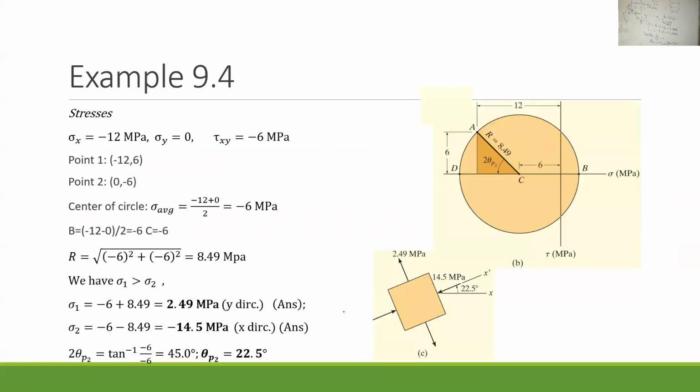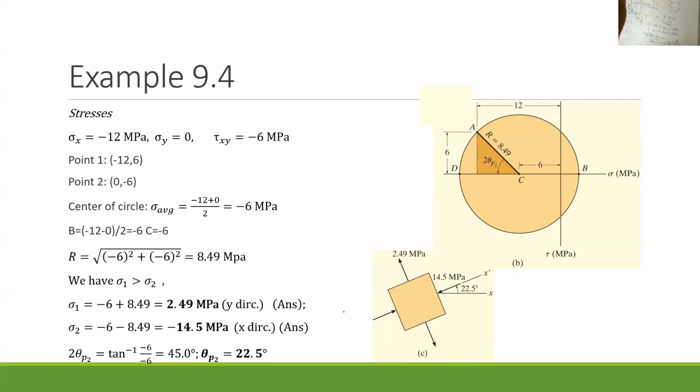Sorry about that. Let's go back to here. This is positive 45, positive 22.5, positive meaning that this direction is counterclockwise. Sorry about that, maybe I can check my angle like this.